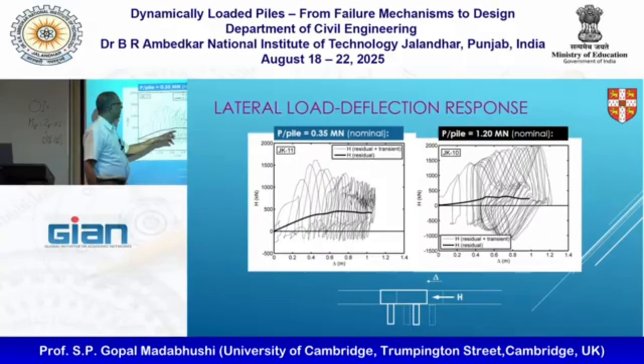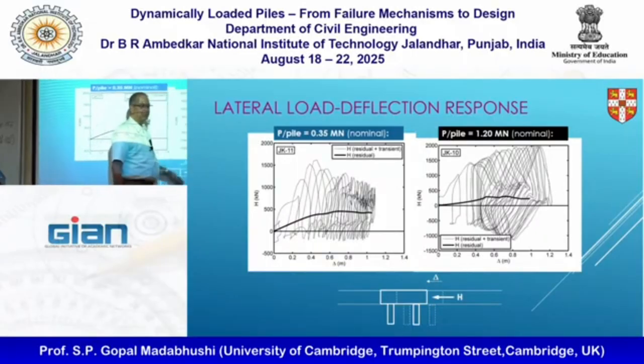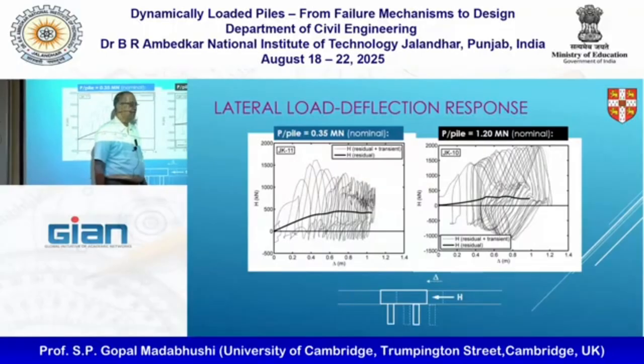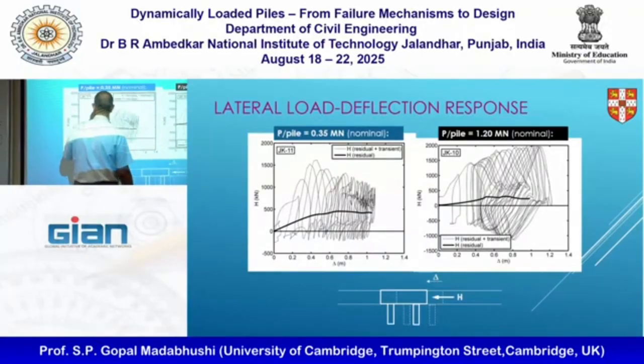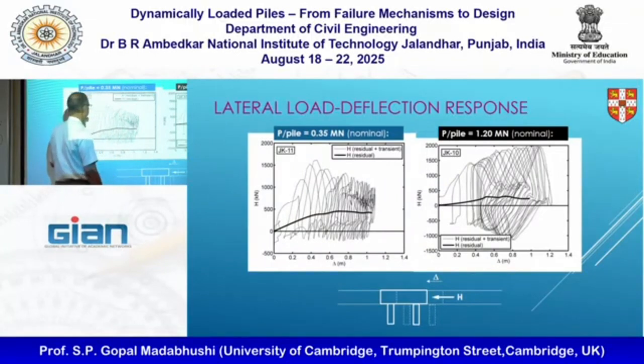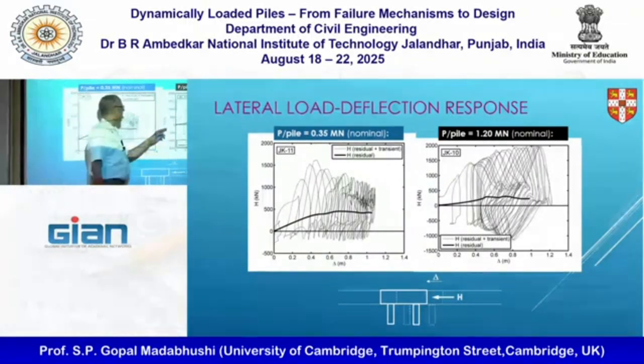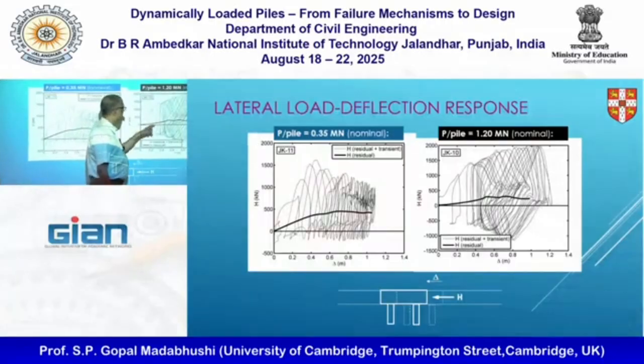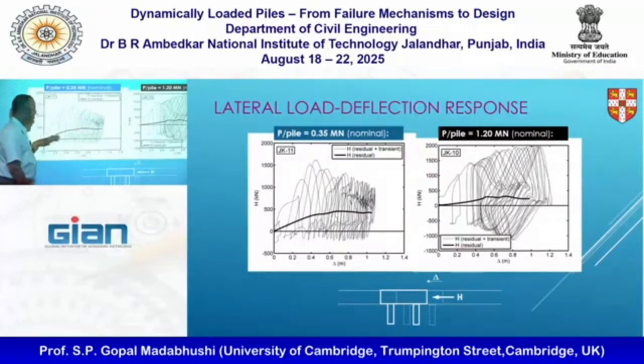So this is when we increased the load by a factor of 3 roughly. Here the residual, these are both on the same axis. It's just that this one is very asymmetric, right?